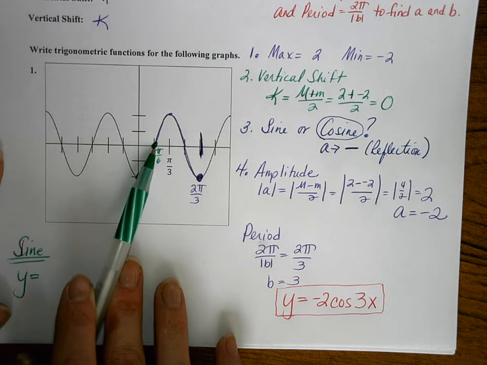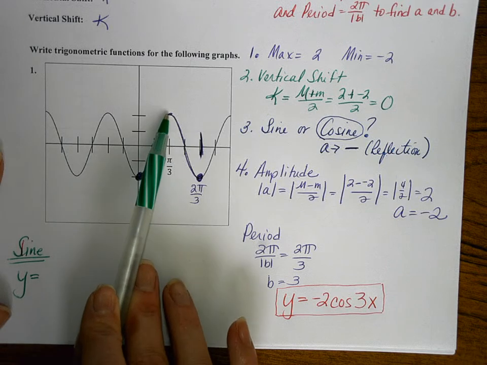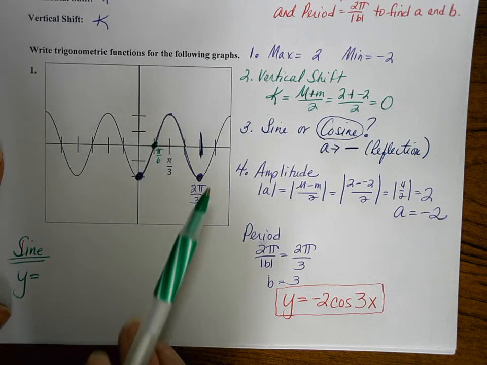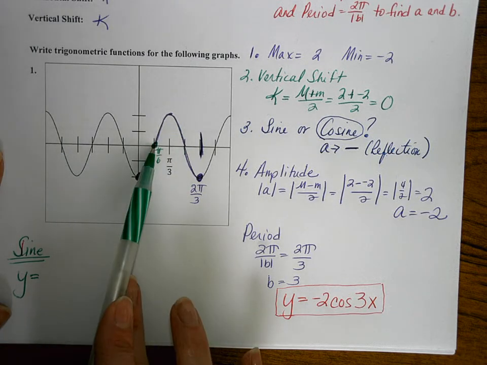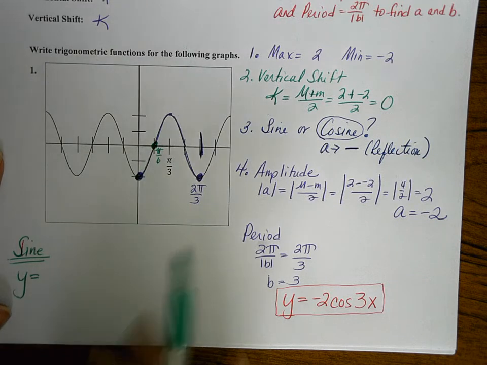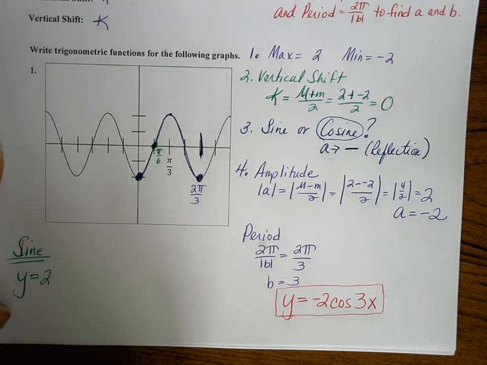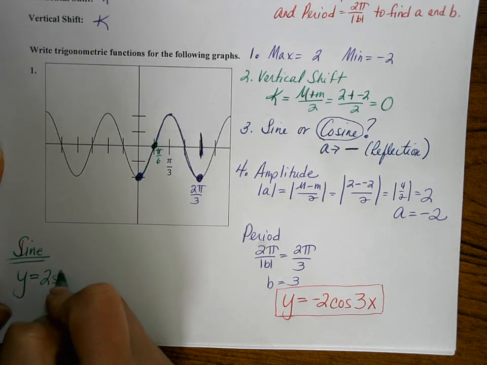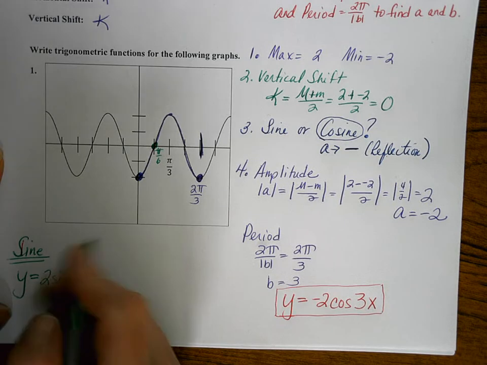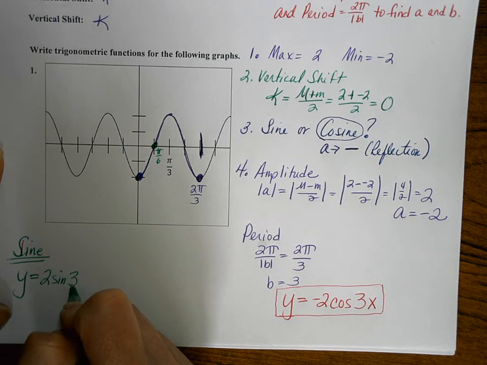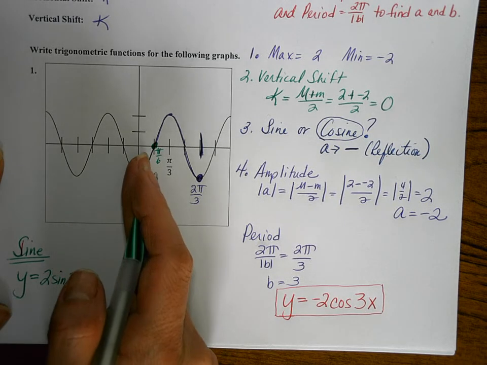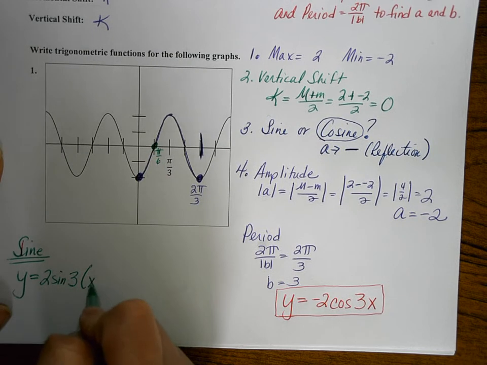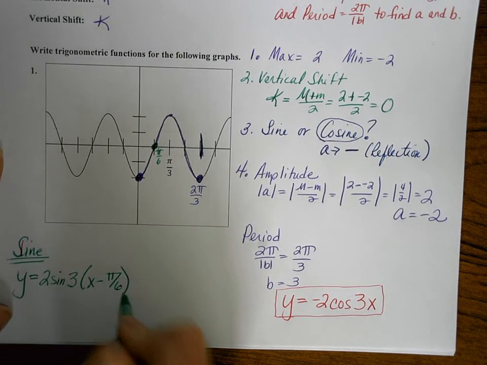No, because it would start from this point and go right to the maximum. That means that for sine, starting at pi over 6, my a value would be a positive 2. Sine of my b value is not going to change, so 3. Now we've shifted this to the right pi over 6, so that's going to be x minus pi over 6.